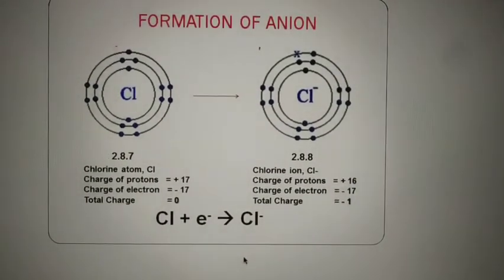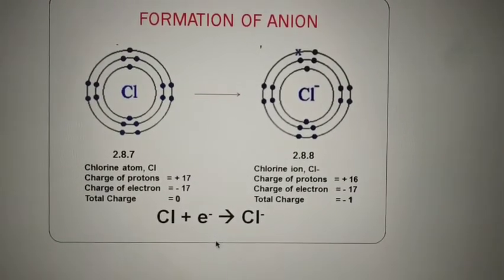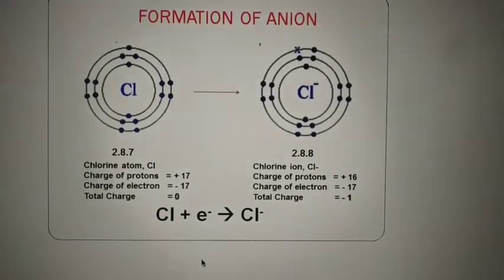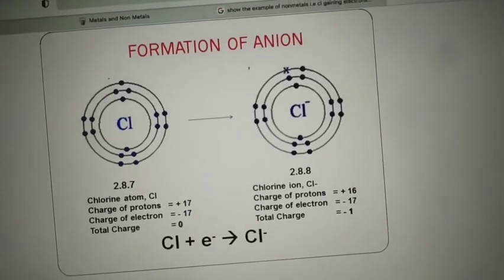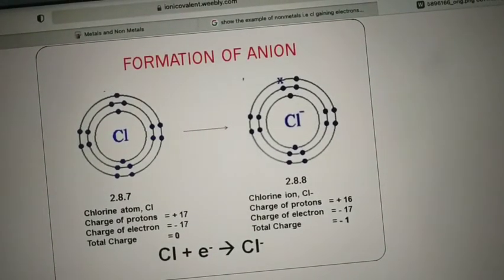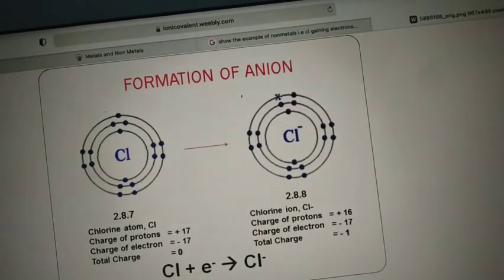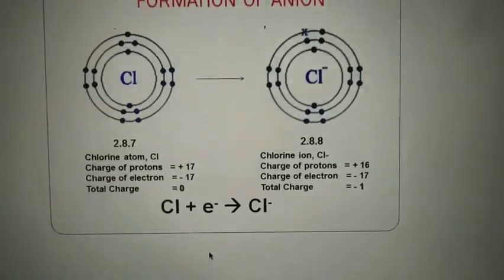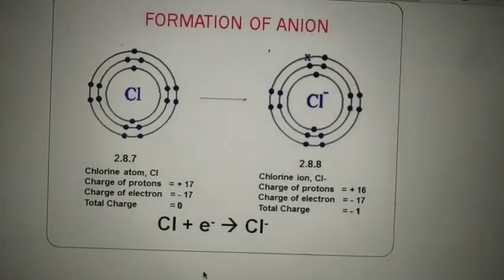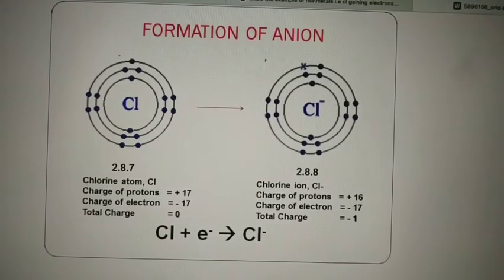So non-metals are able to remove electrons from electropositive elements and act as oxidizing agents. You turn the page, you can see the example of hydrogen. Hydrogen is the only non-metal which can lose as well as gain electrons.